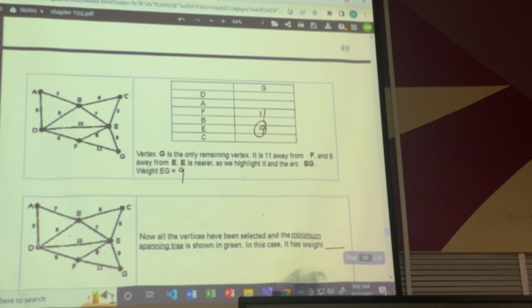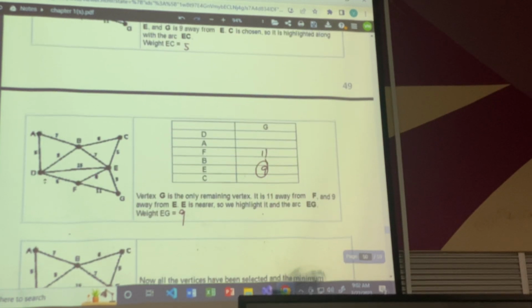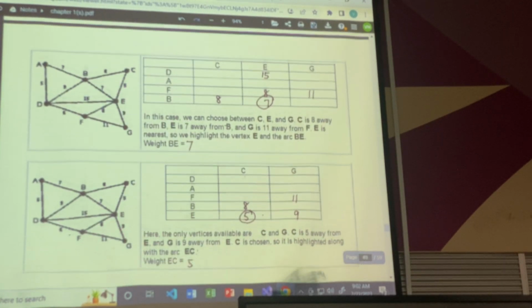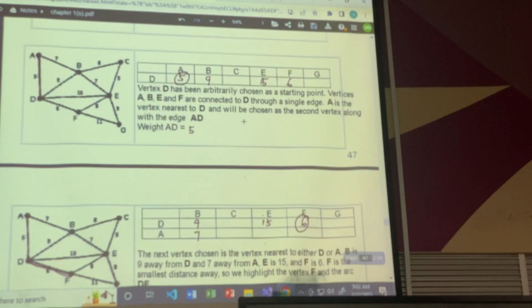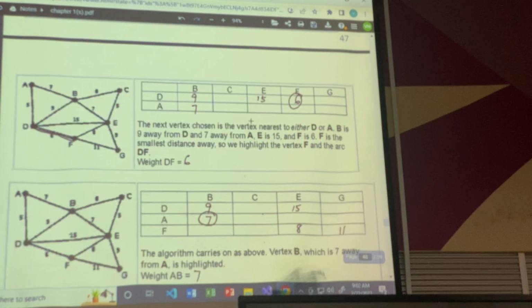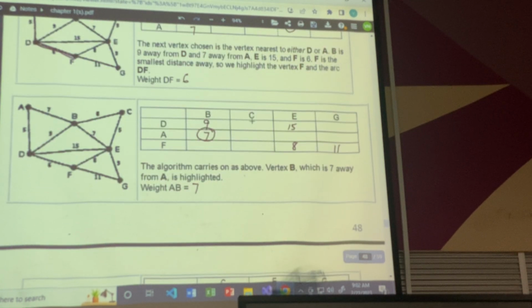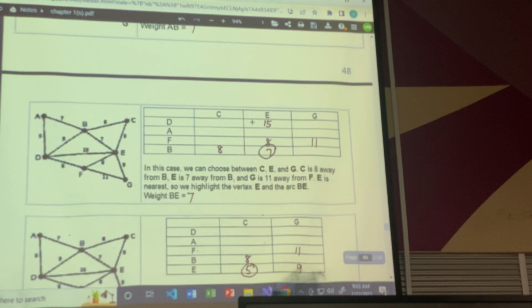This one? I draw here. Okay, first we have AD, right? AD, DF, and then AB, BE.